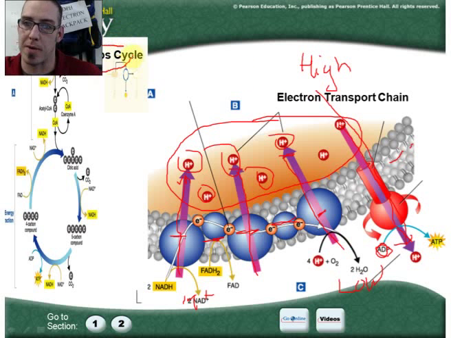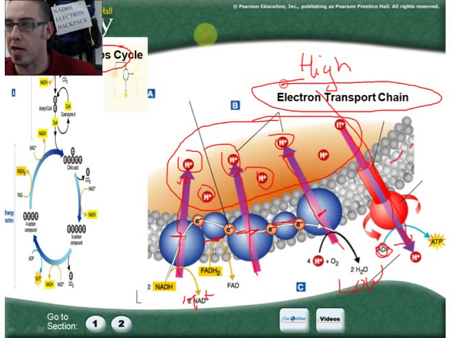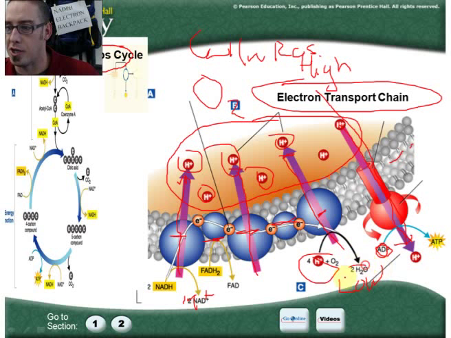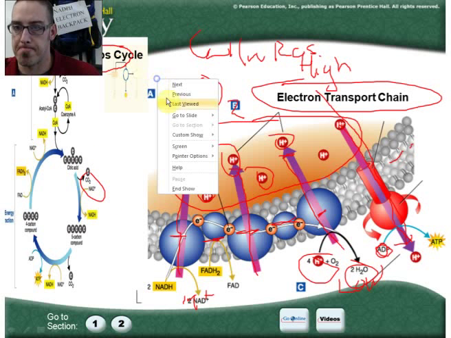Again, this is step number 2 and step number 3 of cellular respiration. And remember, there's 3 steps of cellular respiration: glycolysis, Krebs cycle, electron transport chain. This all requires oxygen to happen. There's the oxygen, there's the water that we breathe out, and there's the carbon dioxide that we breathe out.